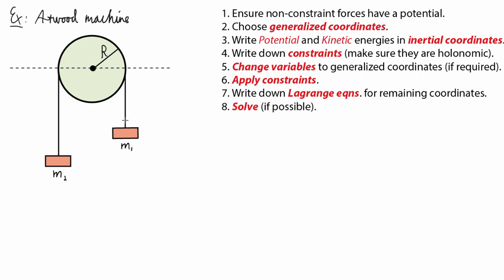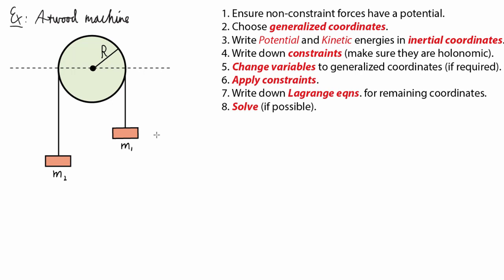Well, the constraint forces are the forces here in the string. We don't actually have to worry about that. We can write down a potential associated with that, as we have seen, but that only means we get more variables than we want to work with. So the only non-constraint force that we have is the force of gravity, and there's a gravitational potential associated with it, so that's fine.